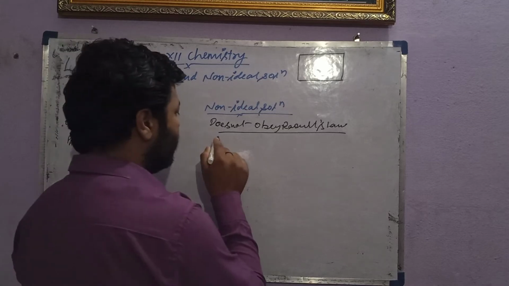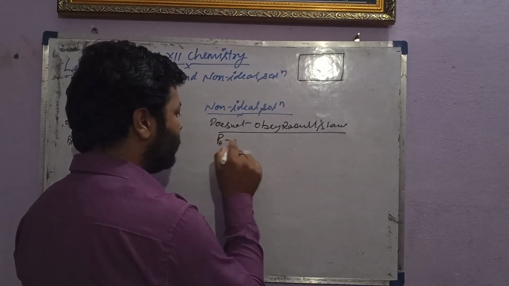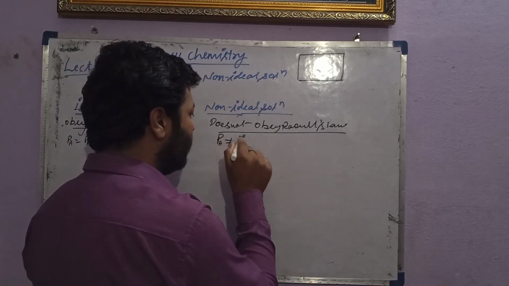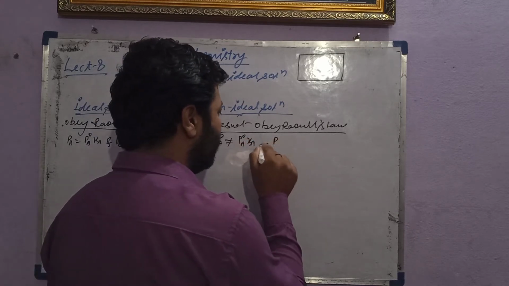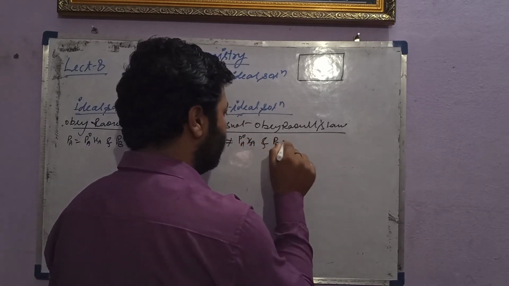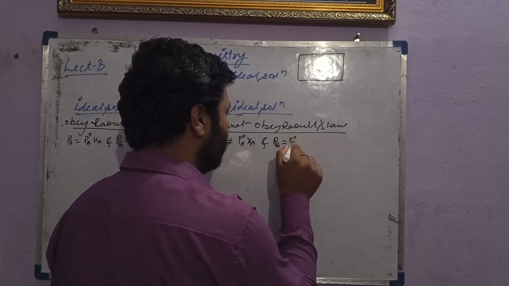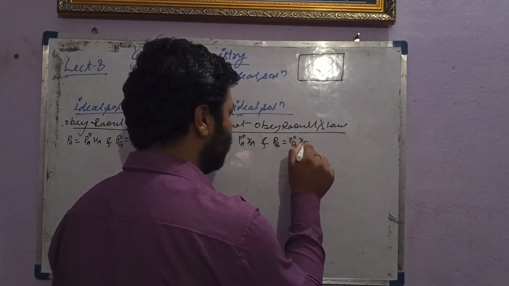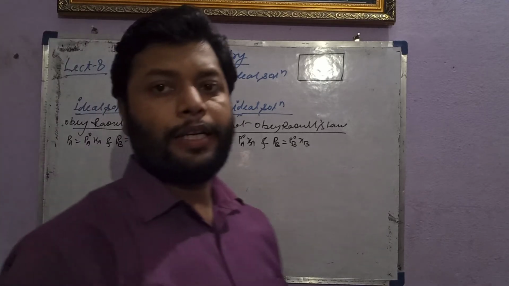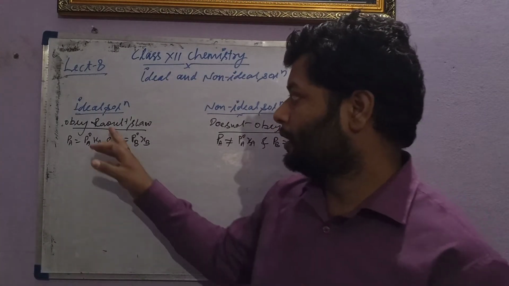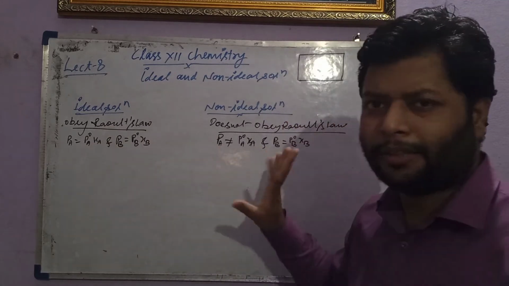So PA is not equal to P naught A XA, and PB is also not equal to P naught B XB. So ideal and non-ideal solution means obeys Raoult's law and does not obey Raoult's law.